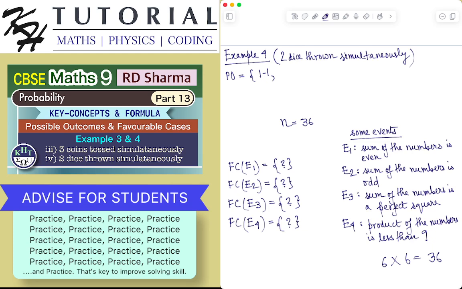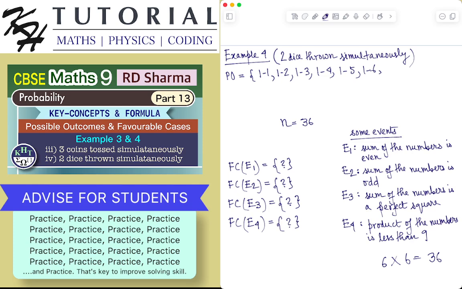Keeping the number showing up on the first die as 1, I will change the number showing up on the second die from 1 to 6. So now 1-2, 1-3, 1-4, 1-5 and 1-6. So these are the 6 possible outcomes when the number showing up on the first die is 1.